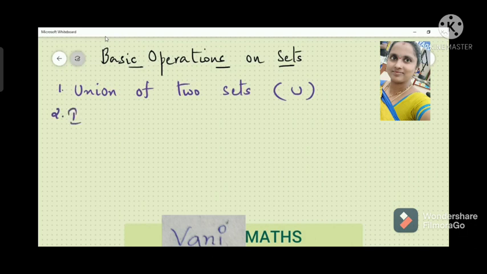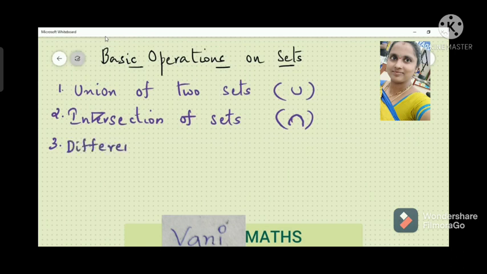Next, intersection of two sets, denoted with the inverted union symbol. Third one, difference of sets, which we denote by minus. So let us first move to union of two sets.